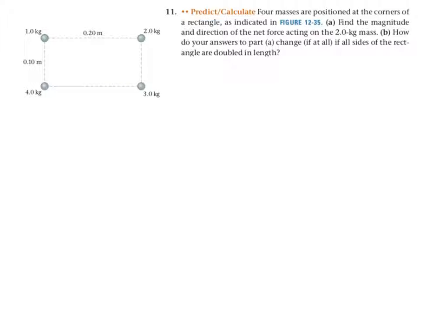I'm going to give everybody names, so let's take this guy and call him Object 1, and call this guy Object 2, and this guy Object 3, which leads to no surprise that this one will be Object 4.